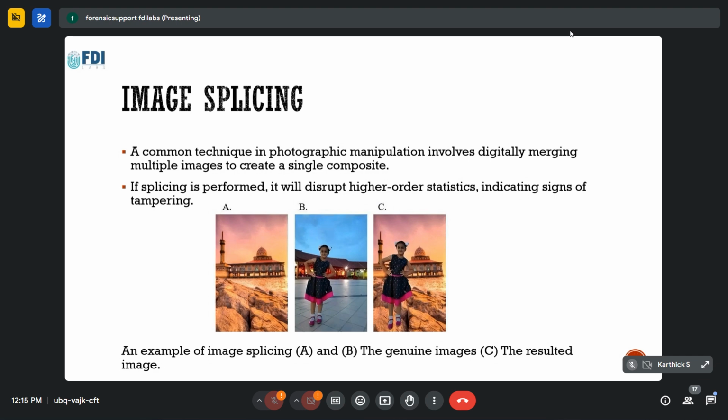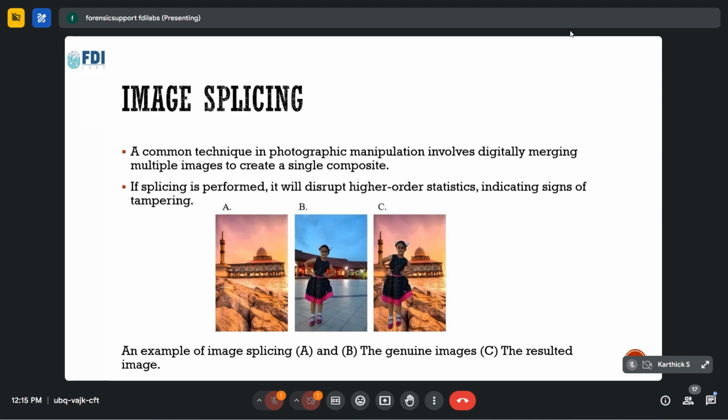Here, in the previous forgery, only a single image is used to create a forgery. Cloning operation is being used to create a forgery. I mean, a single image has been used in a copy move forgery, but the difference in image splicing is that usually two or more images are being used to create a new image.